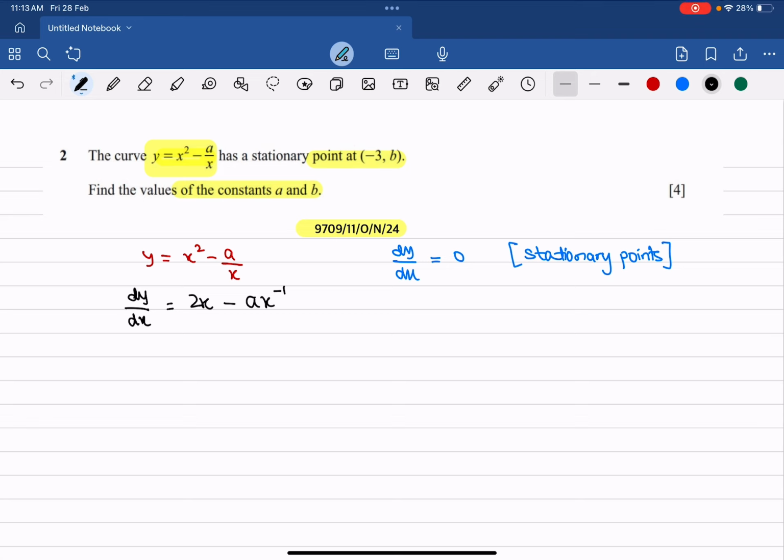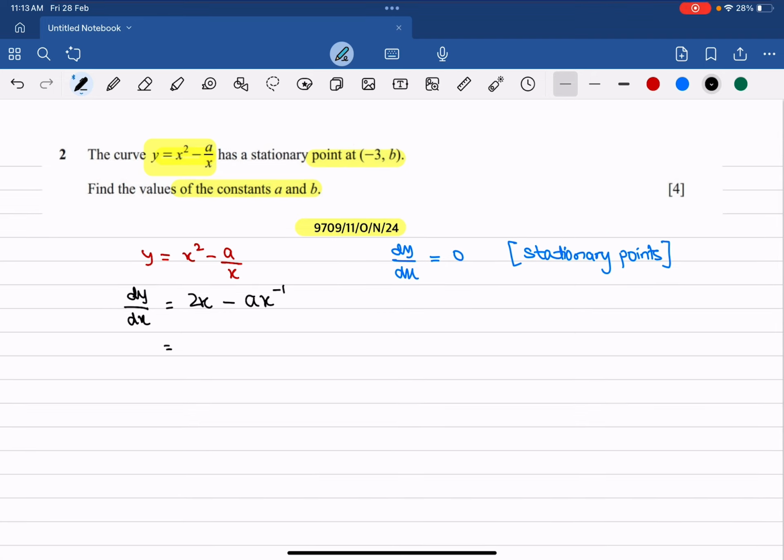Then in the next step, I'm going to differentiate it. This is going to be 2x, and now I'm going to shift the power, so plus a x to the power minus 1, and subtract 1 from this power, which gives minus 2. So the answer is 2x plus a x to the power minus 2.